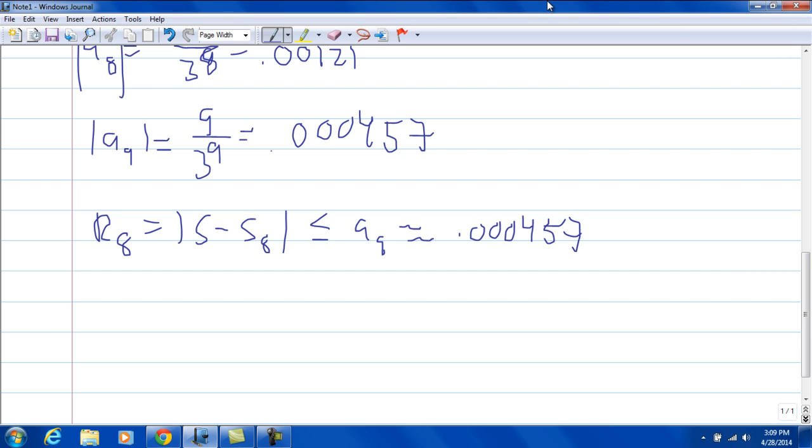and so the sum is going to be less than or equal to, well, first let me find the S8. So I had all those in there before.